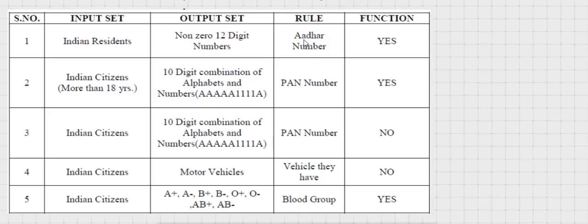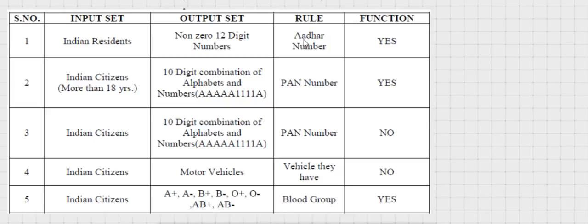What is the rule for Indian residents? Every resident should have an Aadhaar number. So what is the first condition? All the elements of the input set should have an output, right?